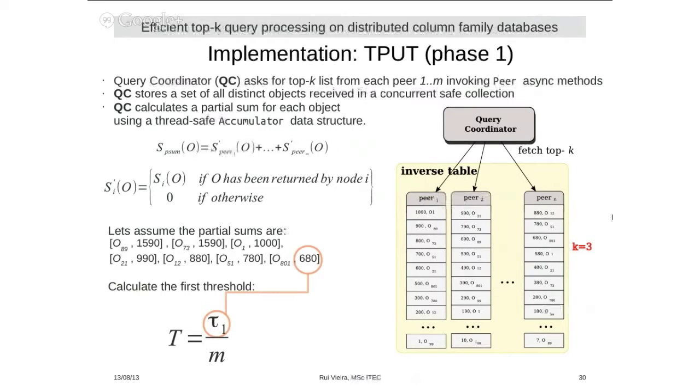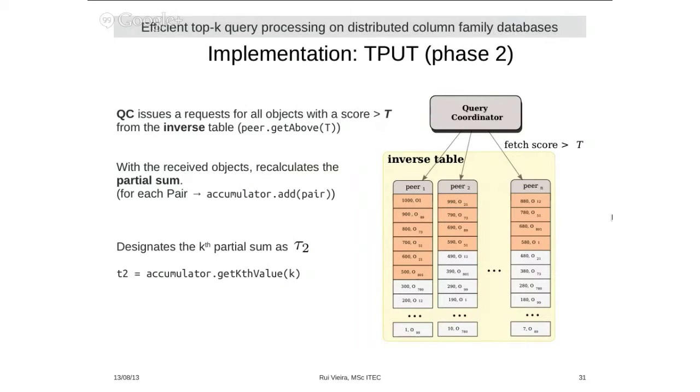We fetch the top K objects from the inverse table. We perform the partial sum. After we have a partial sum, we have a threshold. Then after we calculate the final threshold, we ask for all the objects from the inverse table which are above a certain score. It's a very fast operation.